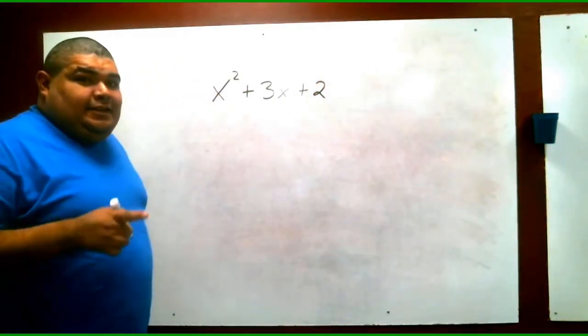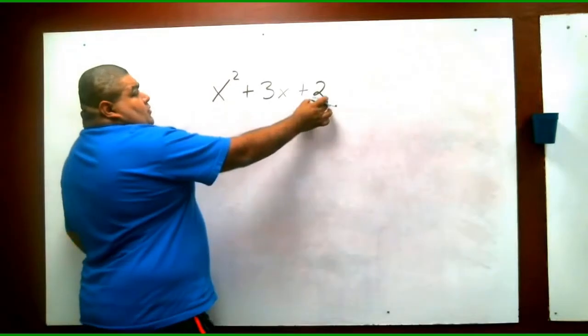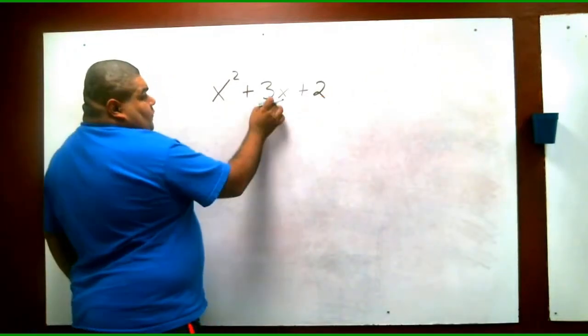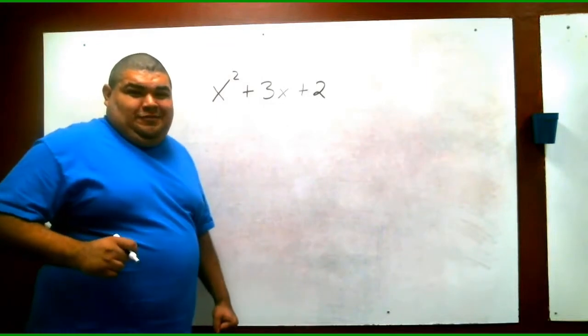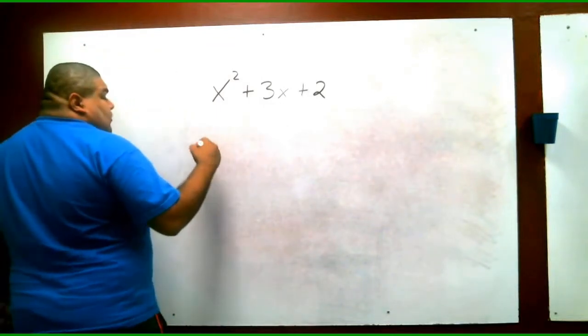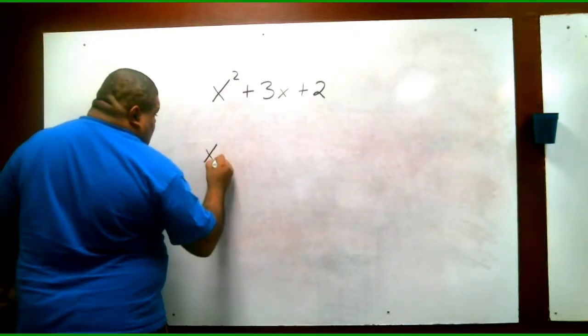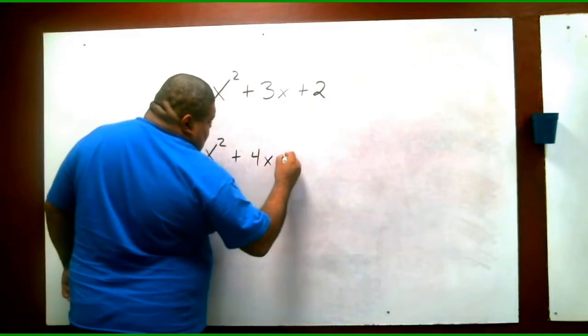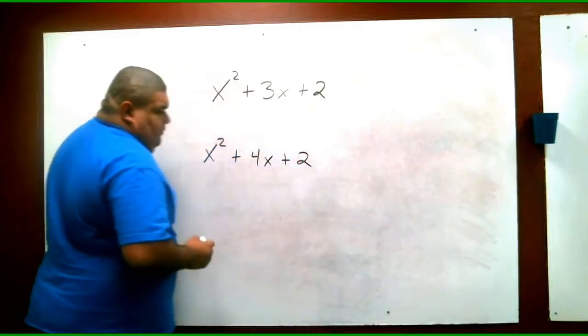Okay? Hint, hint. Two numbers that you multiply to give you 2 should also give you 3 when added. Okay? Those are the numbers we're going to use. And then your second example, x squared plus 4x plus 2.